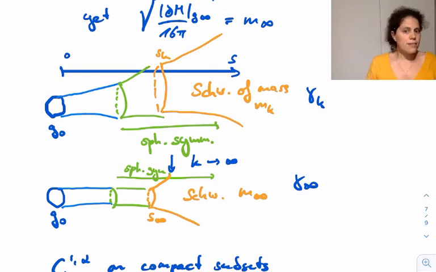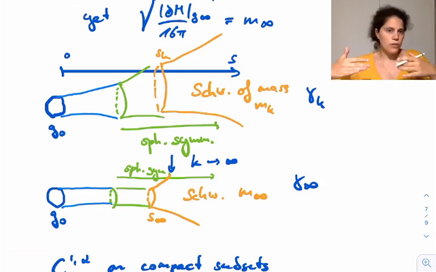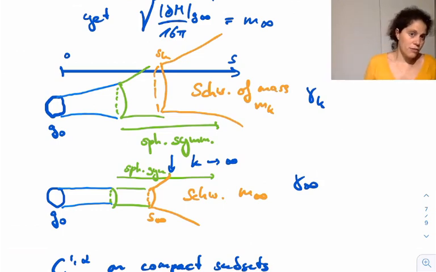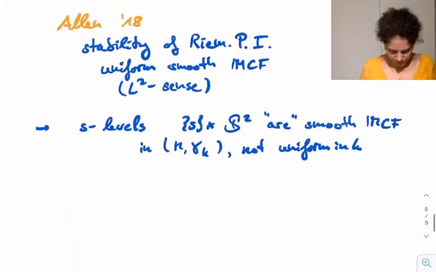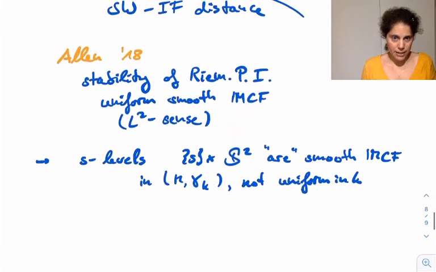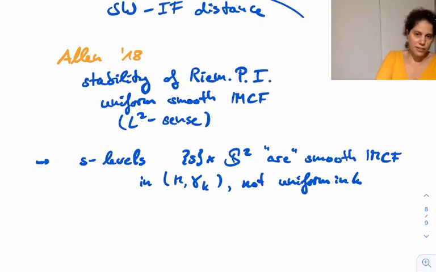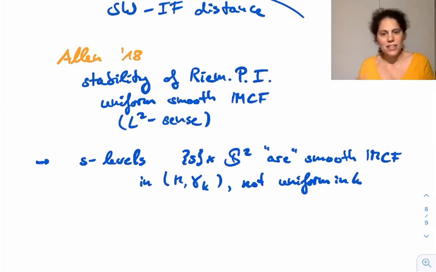So in that sense, our manifolds gamma k do have smooth inverse mean curvature flows, but those cannot be uniformly controlled in the sense that Brian Allen discusses. So the result by Allen is, of course, not contradicted and completely consistent. And you can see in our example somehow why he needs this uniformity in the inverse mean curvature flow, and that this cannot easily be discussed away.